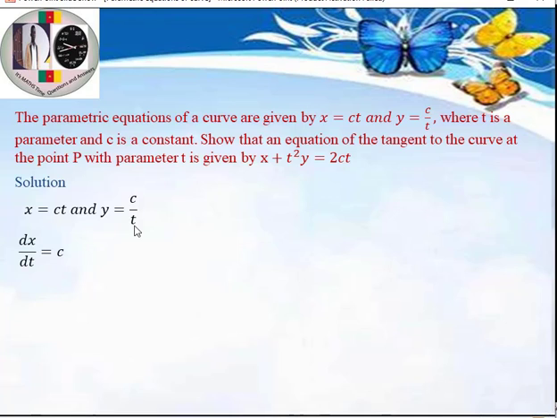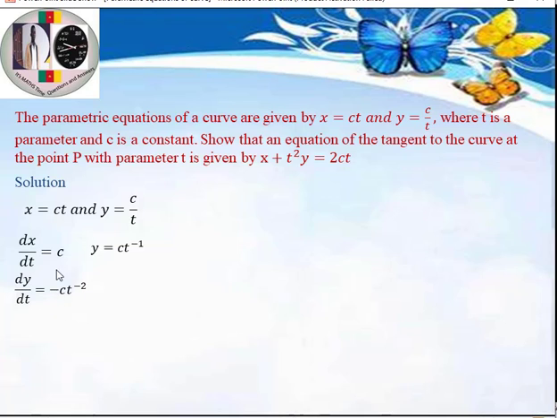So if we have c t to the power minus 1, we bring this power minus 1 in front and reduce it by 1. So we'll have minus 1 times c t to the power minus 1 minus 1, and that is minus 2. So dy/dt will be minus c t to the power minus 2.